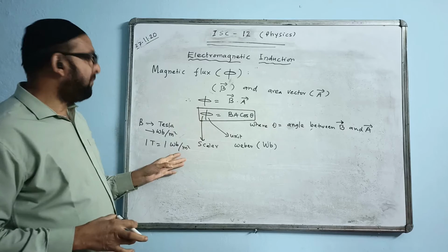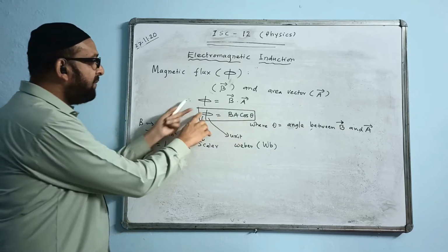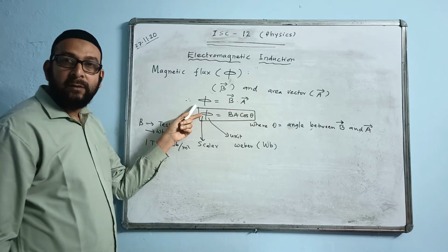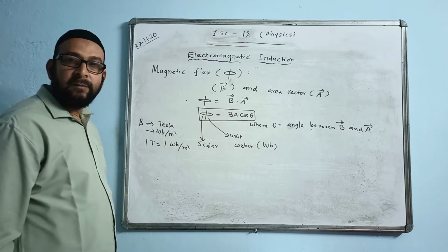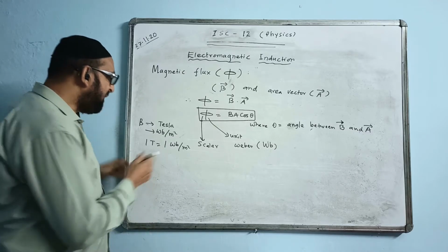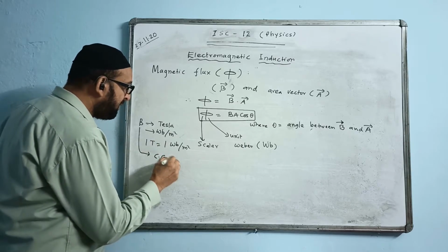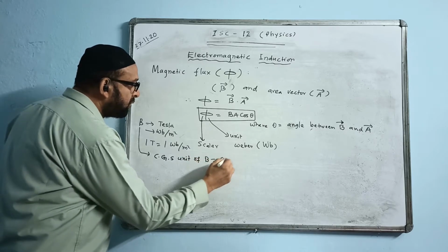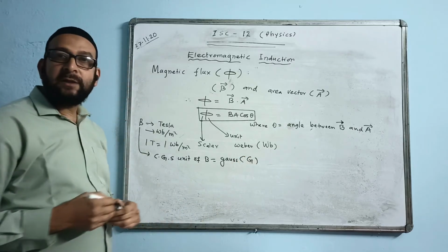You can see why Weber per meter square comes from this equation. Phi is B times area, so B is Weber divided by area. Cos theta doesn't have a unit. So Weber per meter square is because of this relation. The CGS unit of B, you can note it down because I did not teach it before. Now you learn it. The CGS unit of B is Gauss, denoted by capital G. It is there in the syllabus.